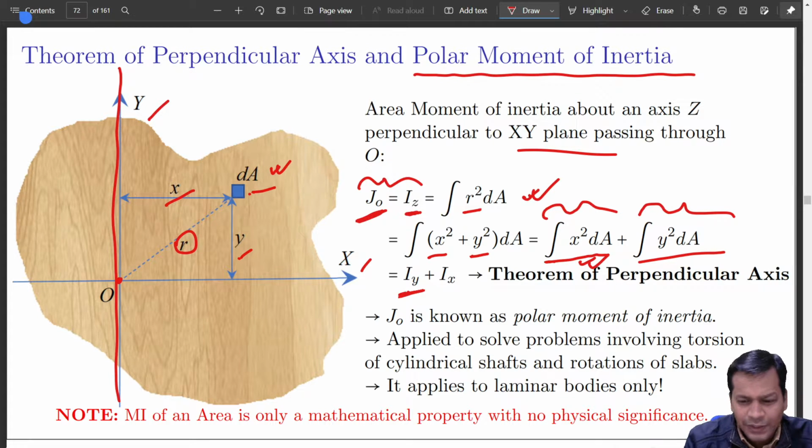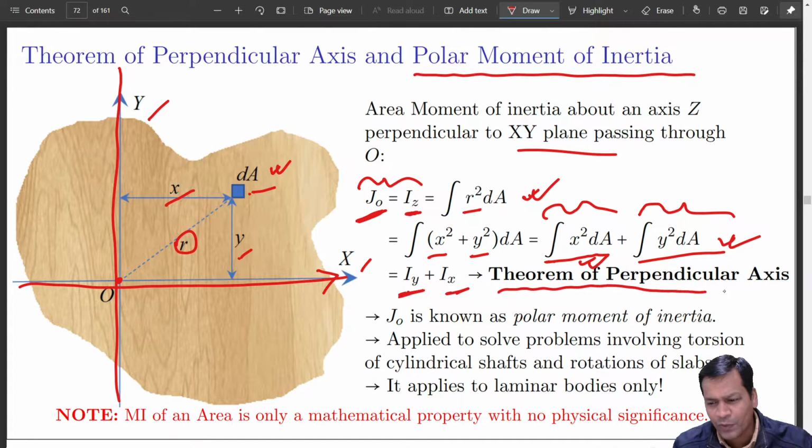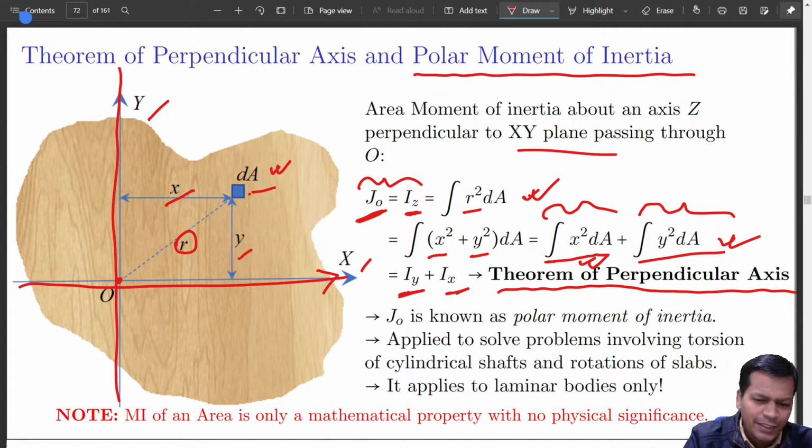Iy and Ix. This is the moment of inertia about this axis, is it not? So this gives you the theorem of perpendicular axis, and it is valid only for laminar bodies, remember. It can directly be obtained as Iz equals Ix plus Iy.